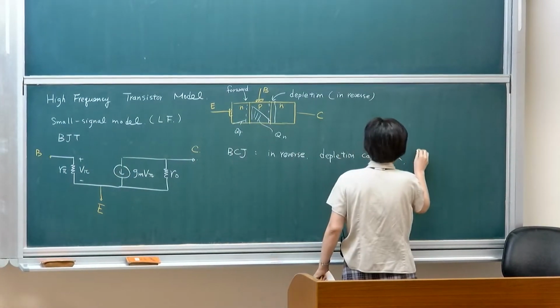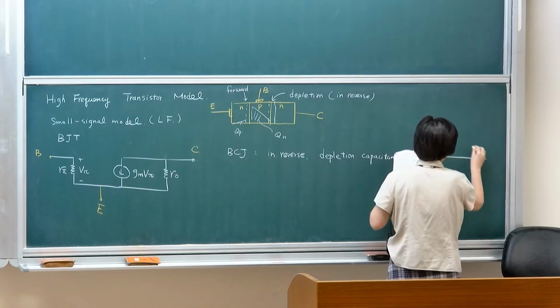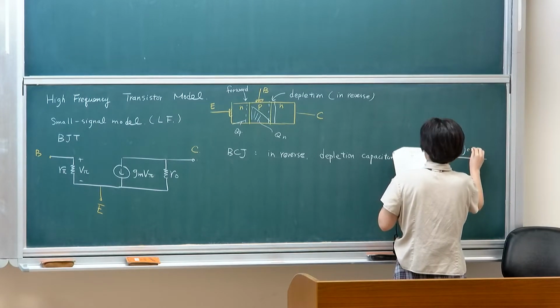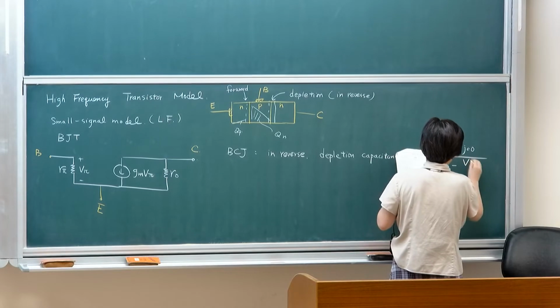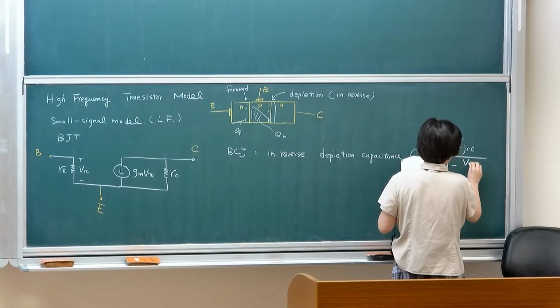Depletion capacitance can be written as a junction capacitance at 0 volt over 1 plus V bias. So my bias is VBC.